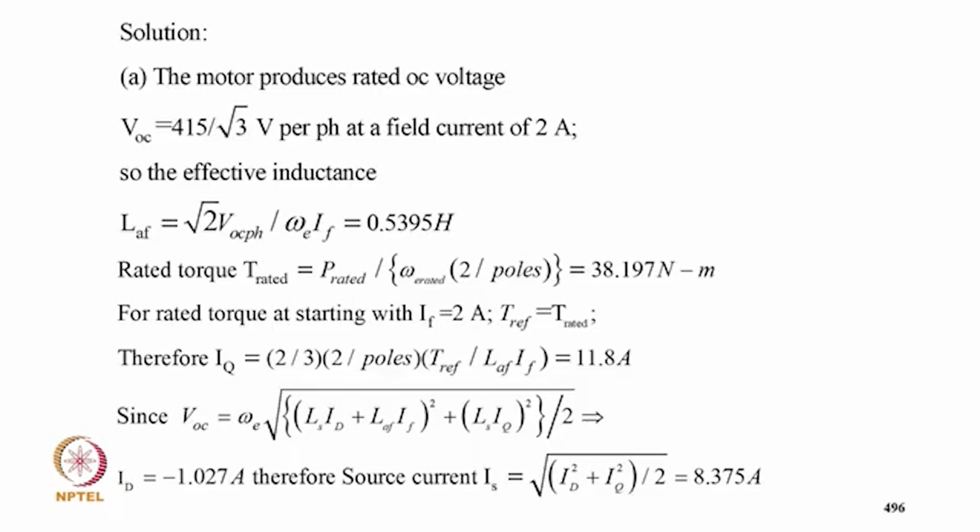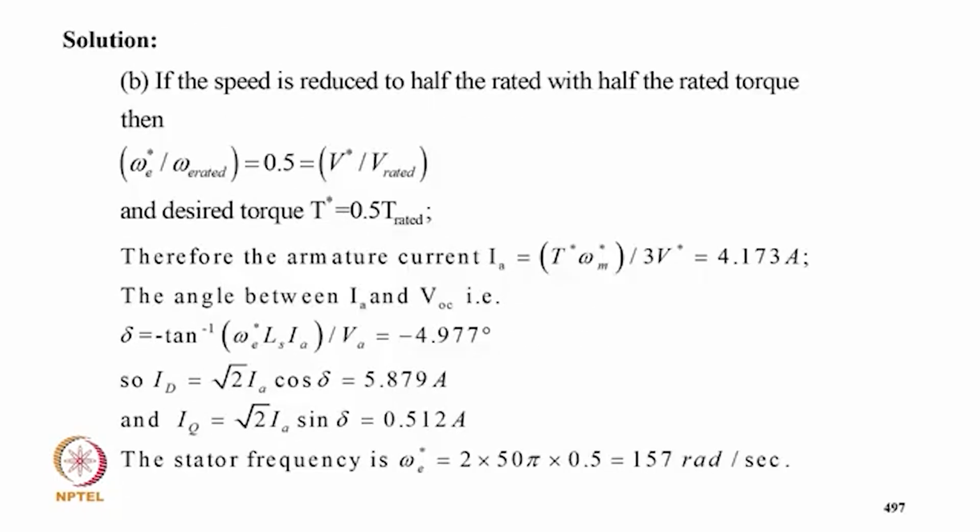So IQ equal to 2 by 3 times root 2 T rated upon L_F IF, that's 11.8 ampere, and VOC is omega E under root of L_D I_D square plus whole square L_Q IQ square by root 2. So ID comes to minus 1.027. Therefore, source current IS is root of ID square plus IQ square by 2, that is 8.375 ampere.